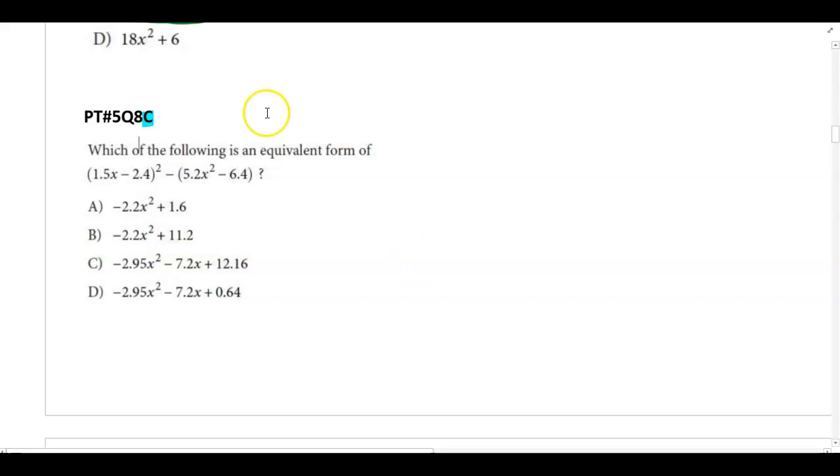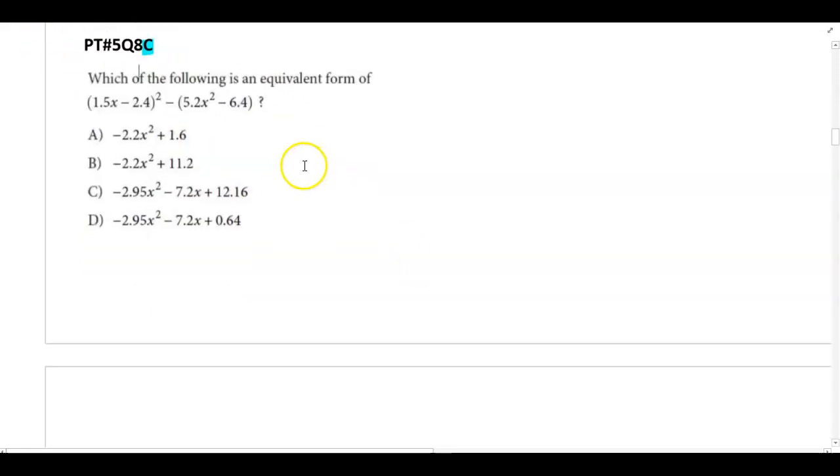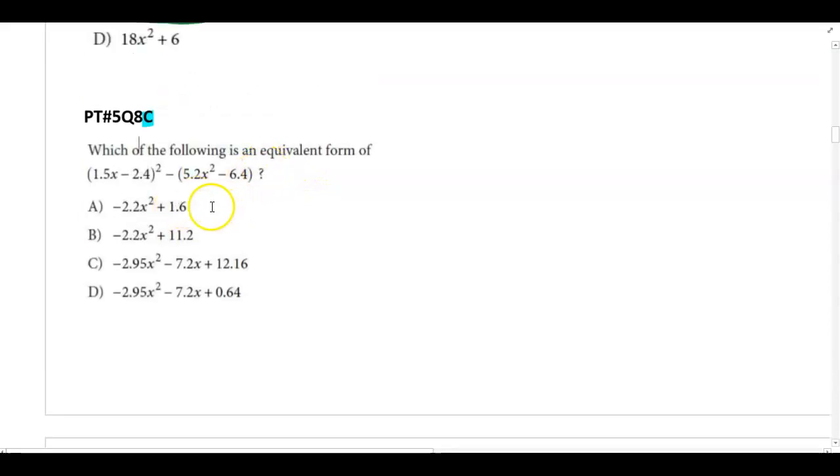The next one is probably one of the more difficult ones, and it's all because of the decimals. So right away, how would we approach this one? First, you have to notice this first binomial is being raised to the second power.